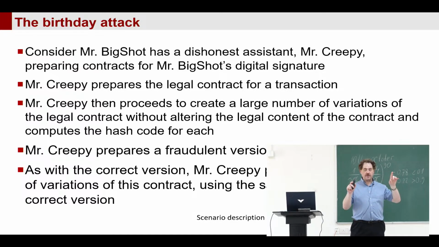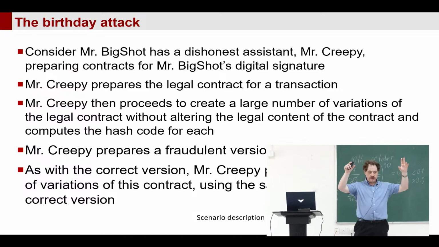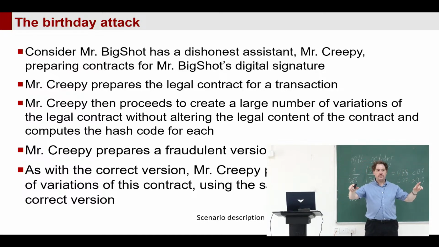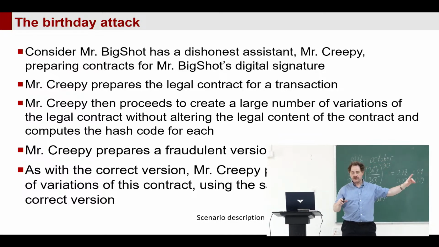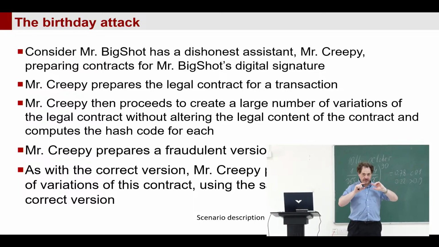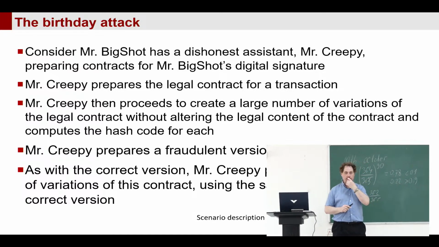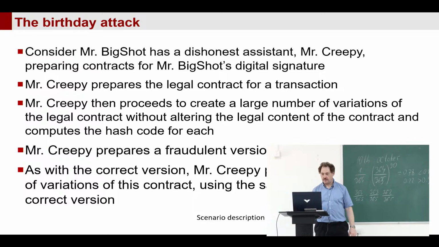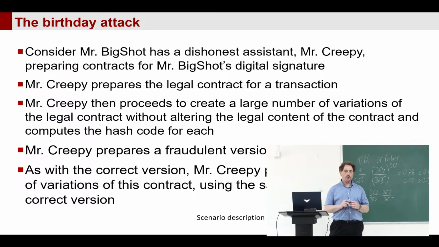But with a big probability, there would be a pair of contracts, one good contract and one fraudulent contract, such that the hash value, and so the digital signature, would be the same, like in the birthday paradox. Okay, so that's the idea of how to launch an attack on strong collision.